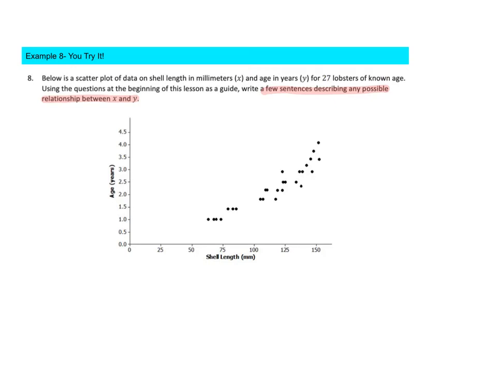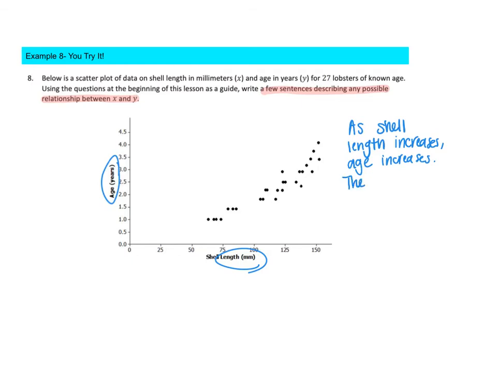All right, you should have noticed that there is definitely a trend between your X and Y. So as shell length, which is our X, increases, age also increases, which is our Y. Okay, the relationship between these 2 variables is positive, because as shell length increases, our age also increases.